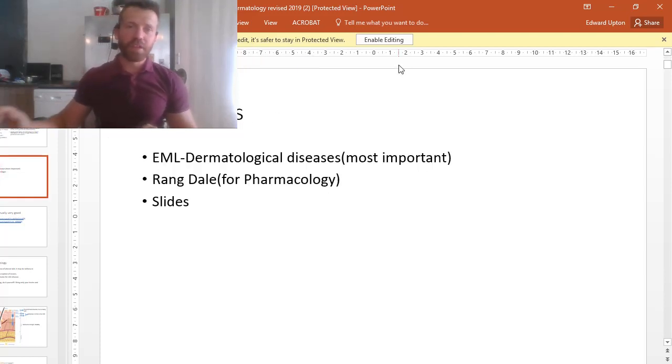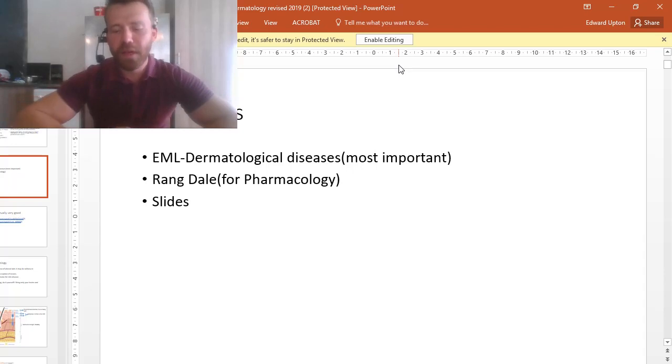The resources for this, the EML itself. So EML in the dermatology section, you'll find there are about 18 diseases discussed in the primary healthcare or primary care guidelines. So those are the ones that I want to concentrate on most. We won't discuss all of them, but we will discuss most of them there. Rangendale, there's a few things in Rangendale listed at least. Psoriasis is there.